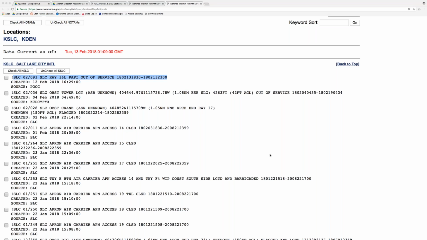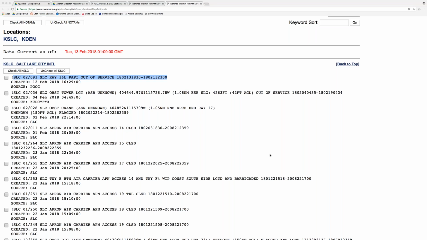It's located at Salt Lake City Airport for runway 16 left. The PAPI is out of service, and it will be in effect from February 13th, 2018 at 1830 Zulu, all the way to February 13th, 2018 at 2300 Zulu. Okay.